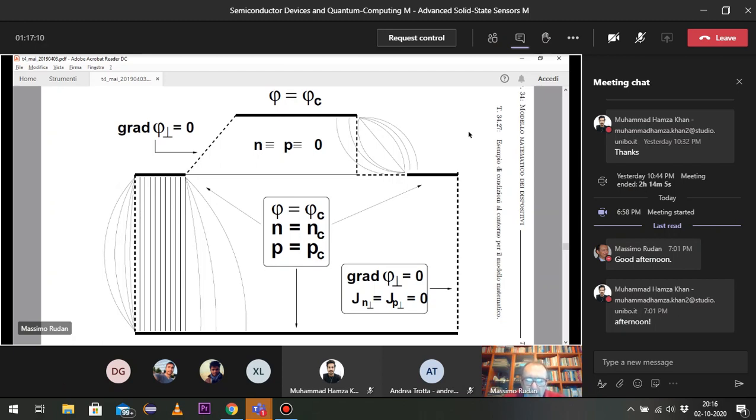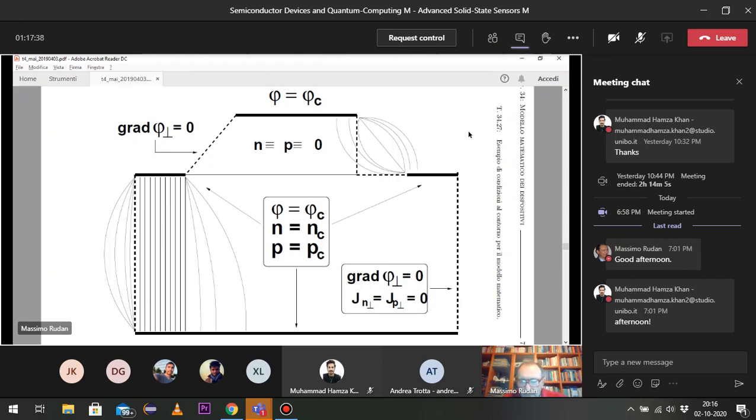So if you take the drain contact and you apply 5 volts to the drain contact, the semiconductor immediately underneath the drain contact has a potential that is not equal to 5 volts. It is equal to 5 volts less the difference in the work functions, okay? But this difference is something that we know.